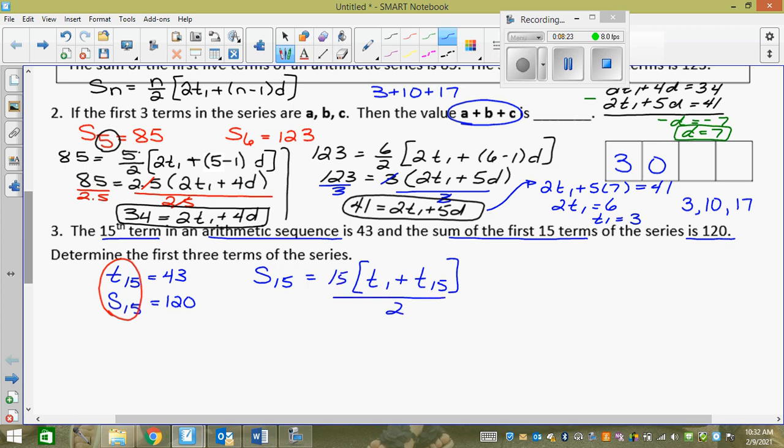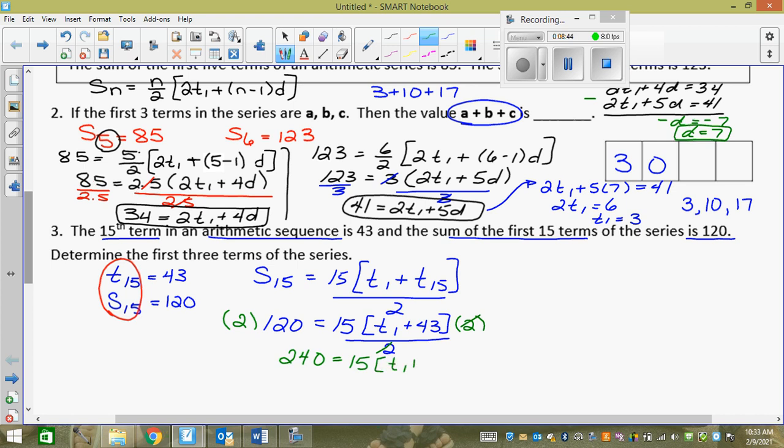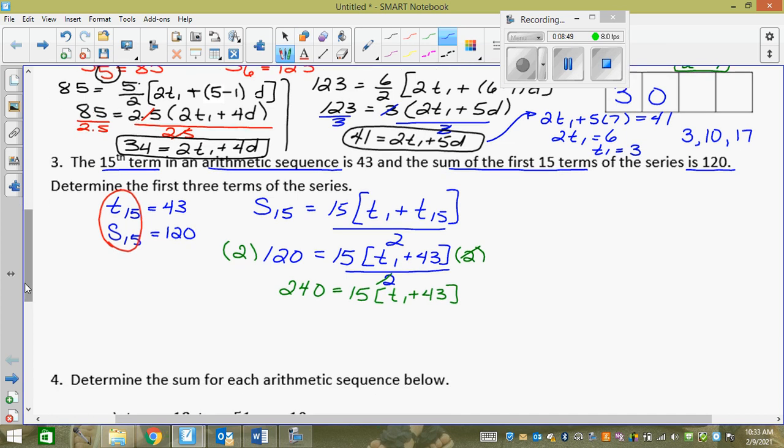Now S15 is 120 equals 15 bracket T1 and then T15 is 43 divided by 2, and multiply by 2. 240 equals 15 bracket T1 plus 43. And then we're going to divide by 15, which gets you a number. I don't know what that is. 16?